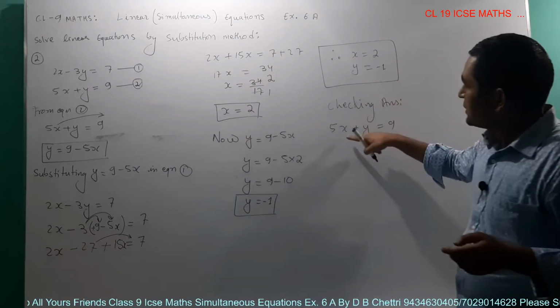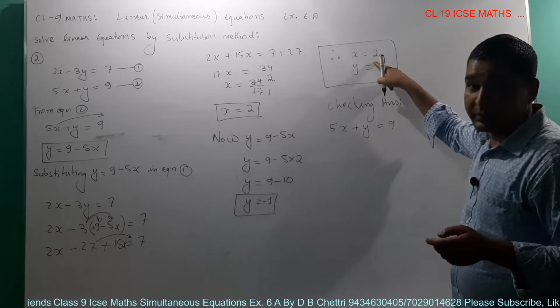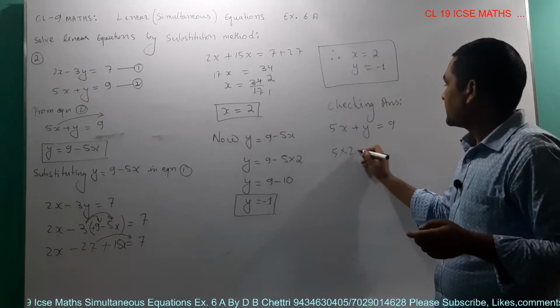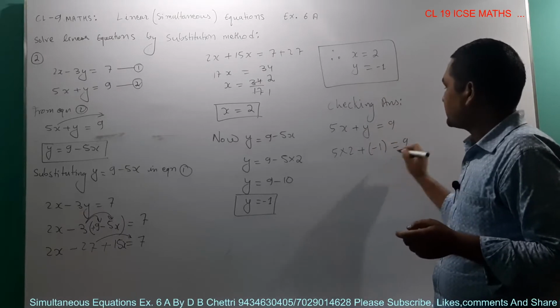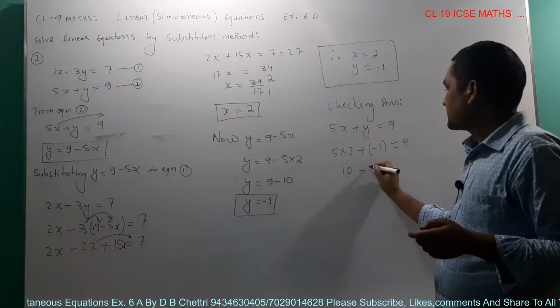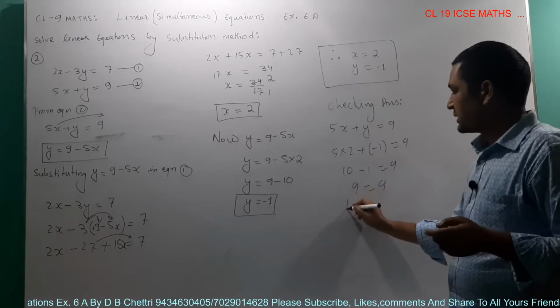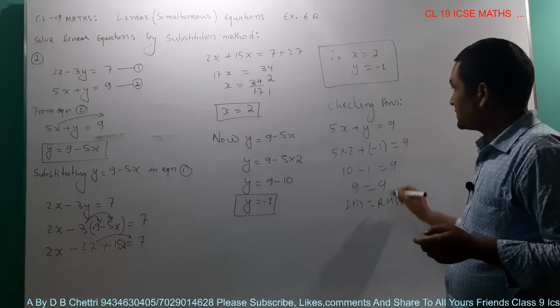Now replace x and y by their values. 5 multiplied by 2, plus y which is minus 1, equals 9. 10 plus minus 1 equals 9. 9 equals 9, so the left hand side equals the right hand side, which means this is right.